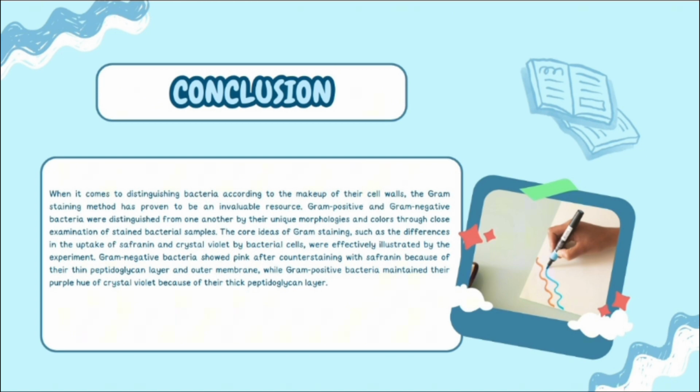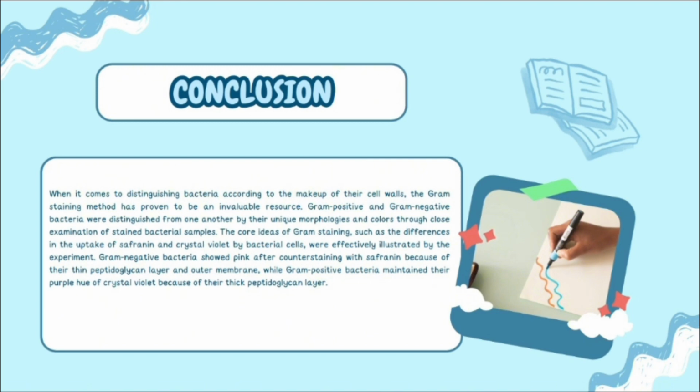Gram-positive and gram-negative bacteria were distinguished from one another by their unique morphologies and colors through close examination of stained samples. The core ideas of gram staining, such as differences in the uptake of safranin and crystal violet by the bacterial cells, were effectively illustrated by the experiment.